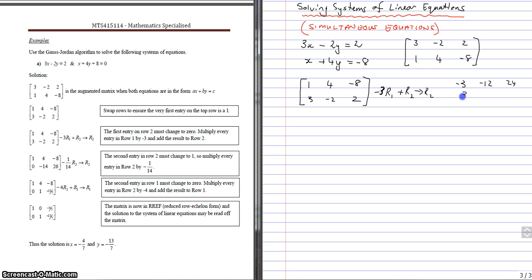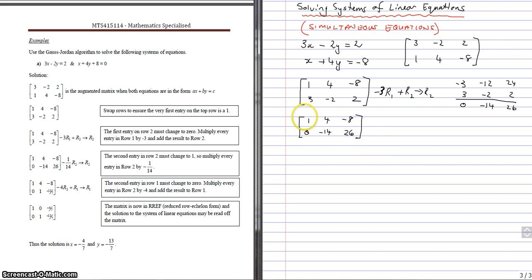So writing the second row here, 3, negative 2 and 2, and then adding. We've multiplied by negative 3, and then we're going to add it to row 2, so we have 0, negative 14 and 26. This then is our new row 2, so we can write again our new matrix: 1, 4, negative 8, 0, negative 14 and 26.